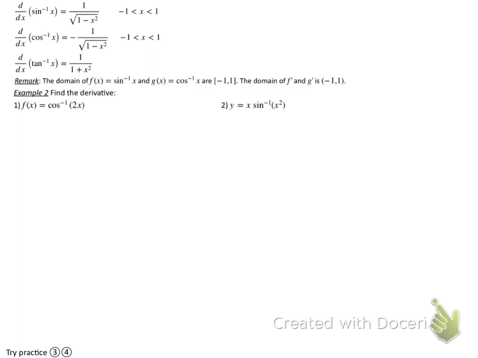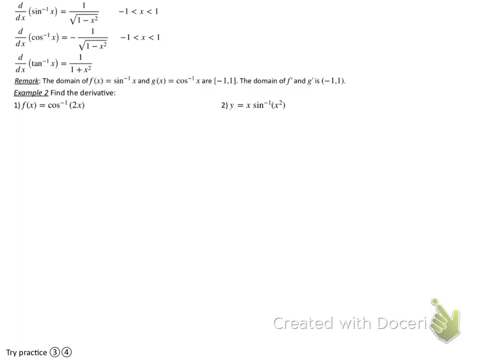And tangent inverse has derivative 1 over 1 plus x squared. I'm not going to show you how we obtain these formulas, but essentially it involves what we just did. I don't want to prove it to you, but I want to get your attention on the domain.